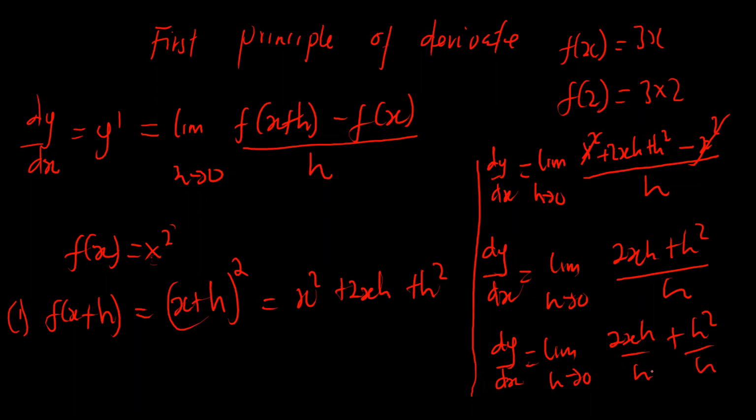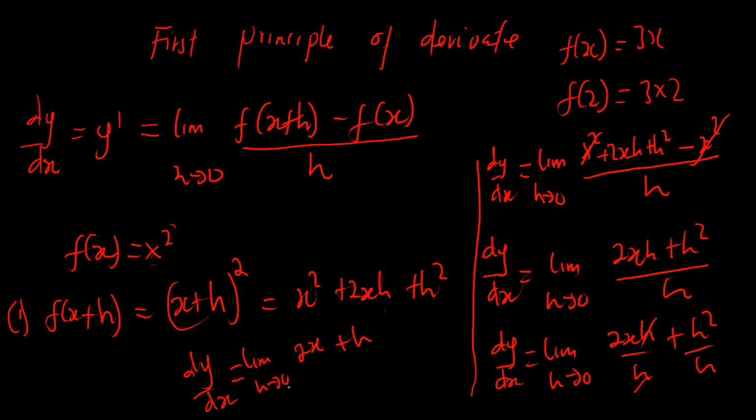Now these cancel these out and we are left with dy dx equals limit as h approaches 0 of the function 2x plus, now h squared divided by h is going to be h. So this is the function we are having now.